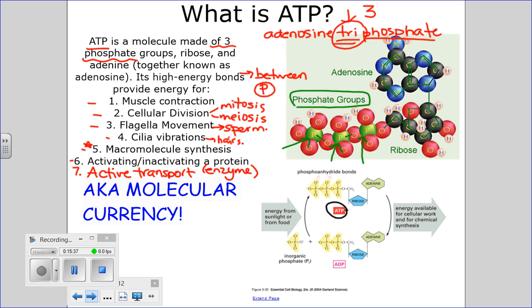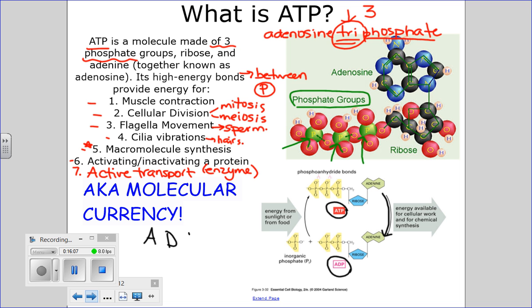And that's because we're really not focusing on their structure, we're focusing on those phosphate groups. When we switch from ATP to something called ADP, energy becomes available for cellular work and for chemical synthesis. So when ATP loses that 3rd phosphate group, energy becomes available.